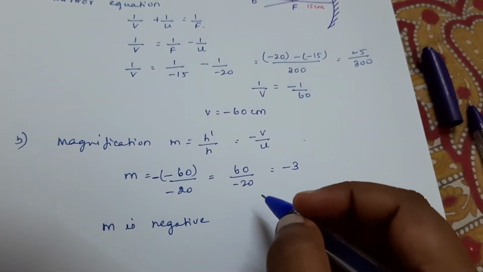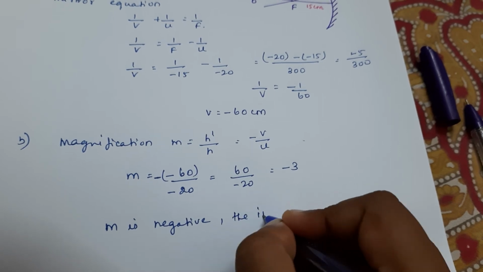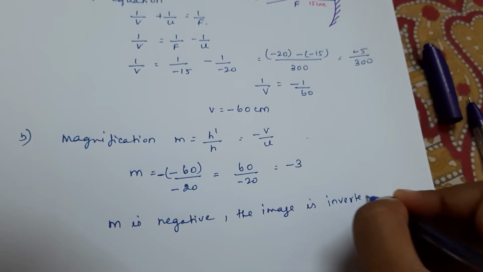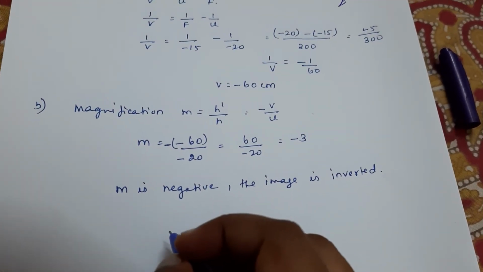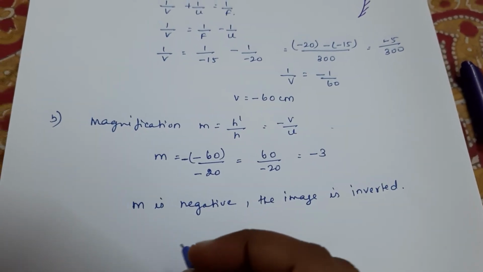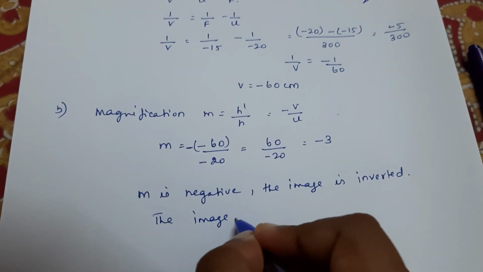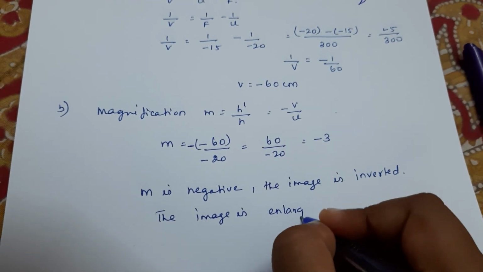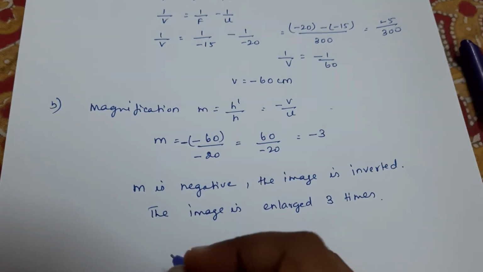So what we can say is the image is inverted. What is the value of the magnification? The magnification is 3. So we can write the image is enlarged 3 times.